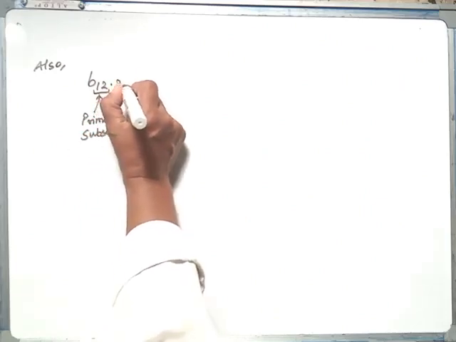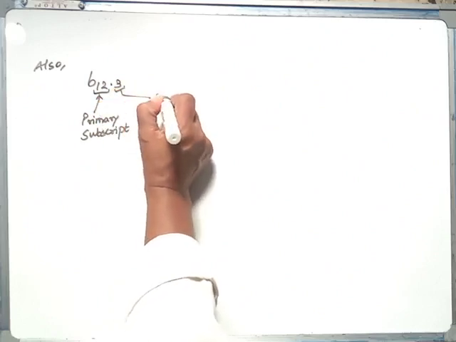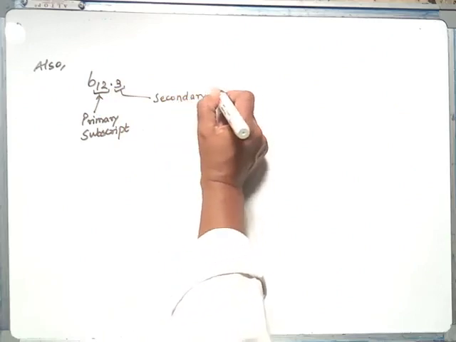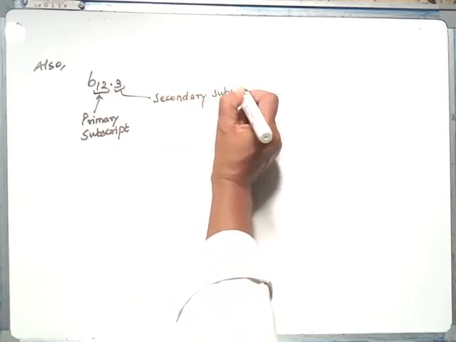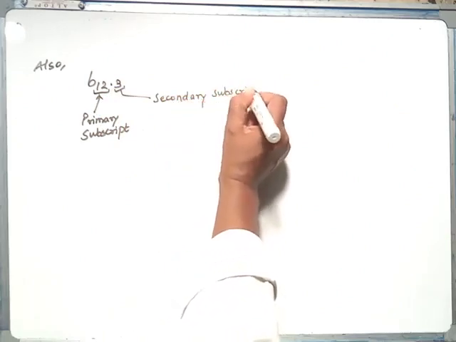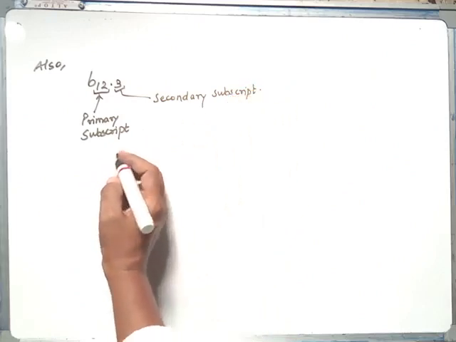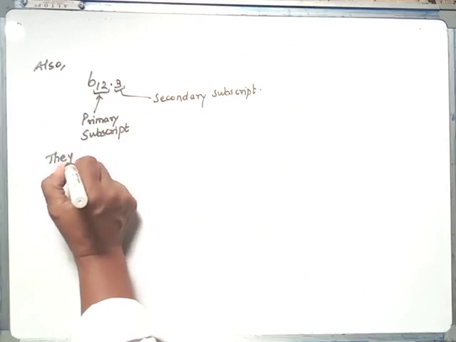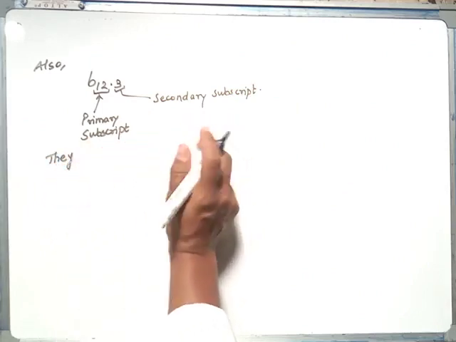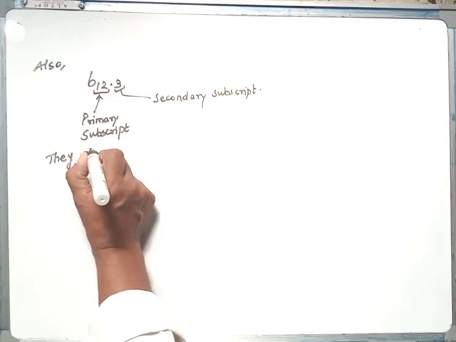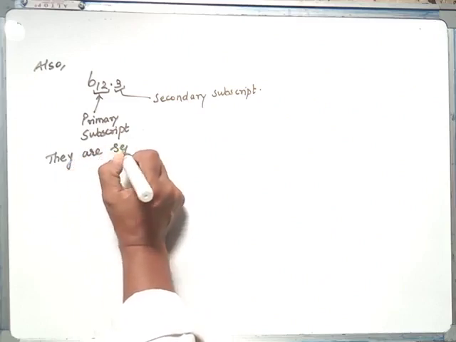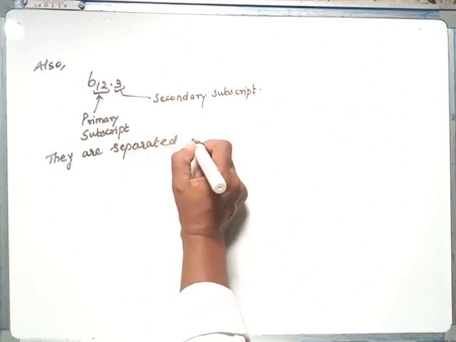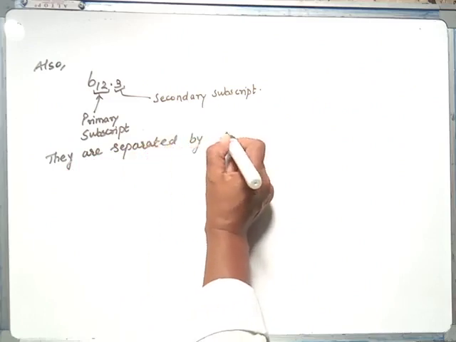And this 3 is the secondary subscript. The primary subscript and secondary subscript are separated by a dot, right?